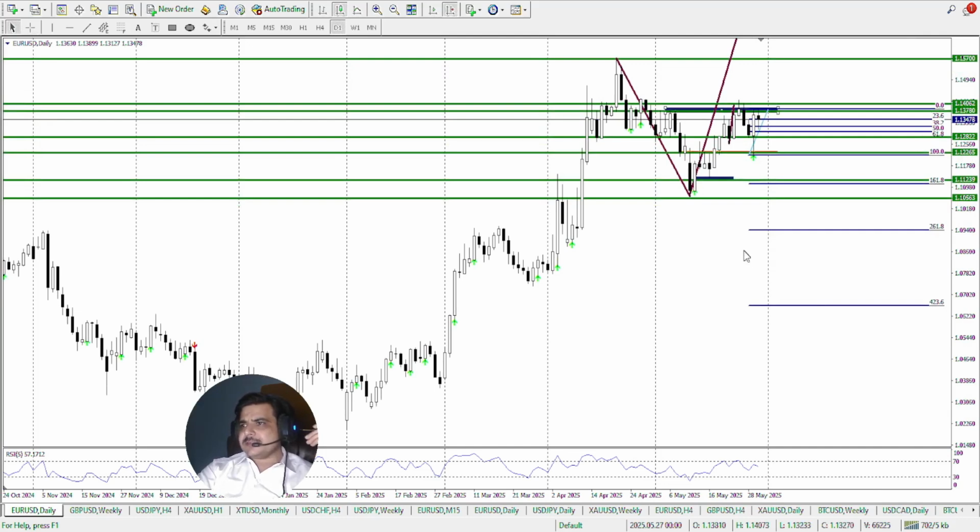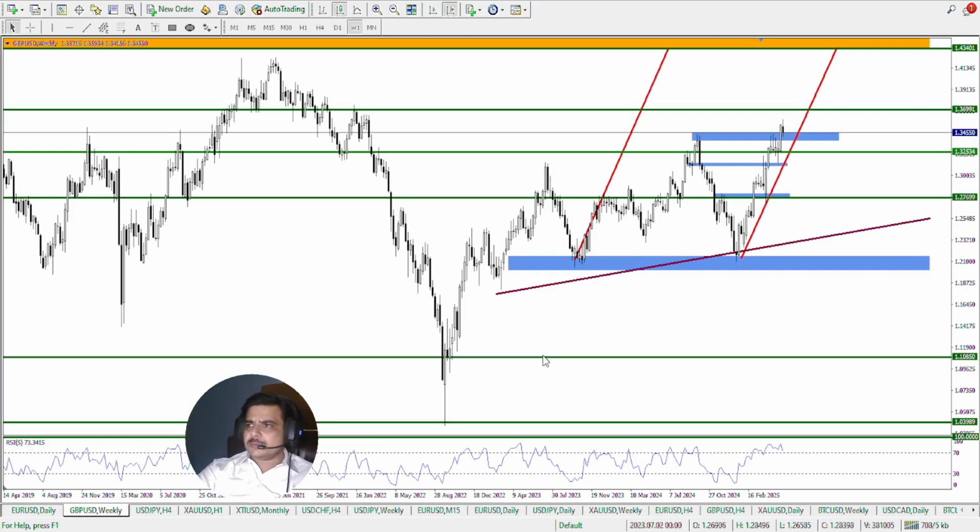Let's see what it gives us in the upcoming week. And yes, if you want to know how I identified this 1.10 level, you check back my last weekly analysis, right, my friends?